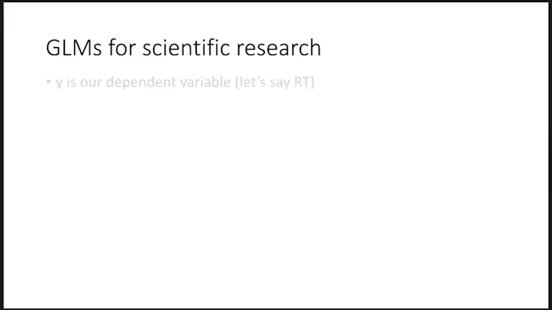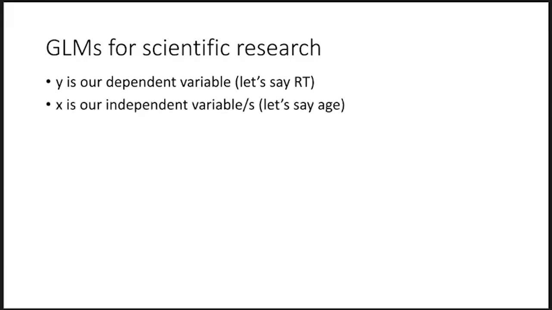Okay. So what are GLMs? Just as a reminder, let's say that we have a y, which is our dependent variable, משתנה תלוי, right? So let's say it's a reaction time, for example. And we have x, which is our independent variable, or we can have more than one x. We can have many independent variables, משתנים בלתי תלויים. So let's say age. Let's see how our reaction time depends on age, how reaction time changes based on age.